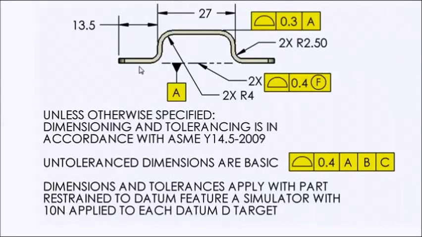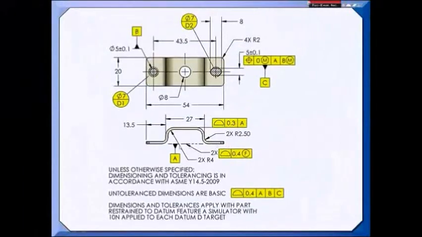Now, datum feature A is the bottom of these two tabs, and so the simulator would be a nice flat plate. The datum D targets are two 7mm diameters, D1 and D2, and so I would apply 10 newtons in those two areas and then inspect the part.